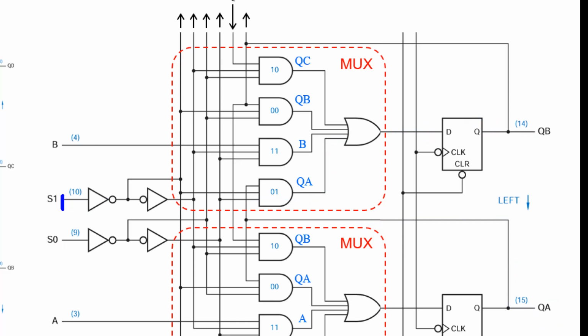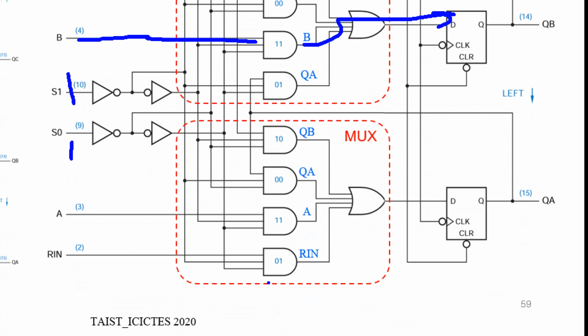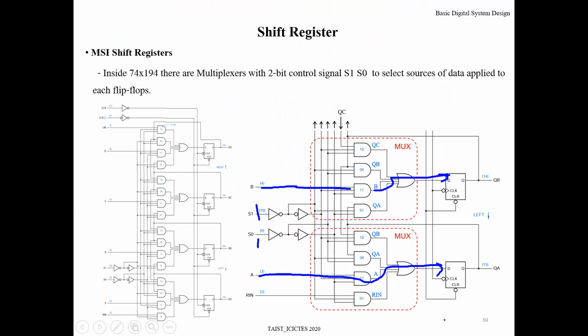For 1, 0 also, this one goes to here, maybe from QC. And for 1, 1, you load data from external inputs to the internal flip-flops. Okay, this is the universal shift register 194.